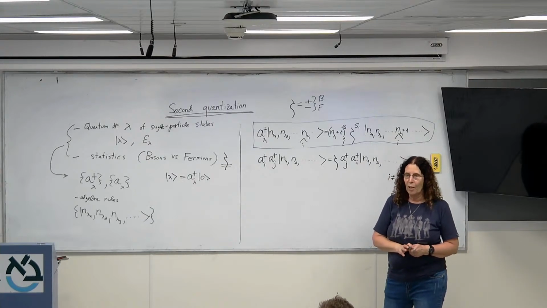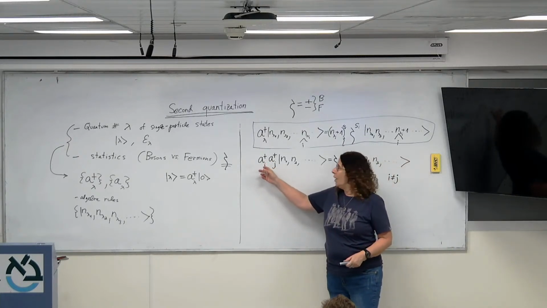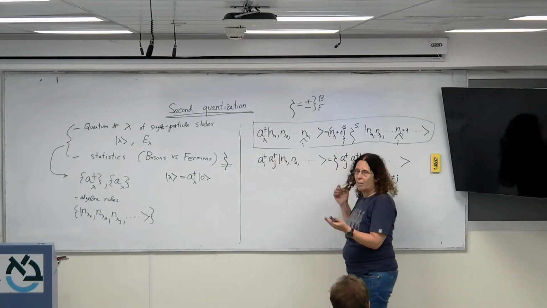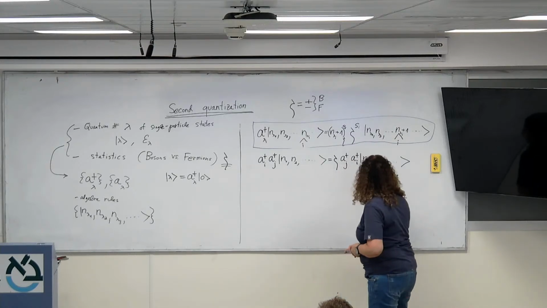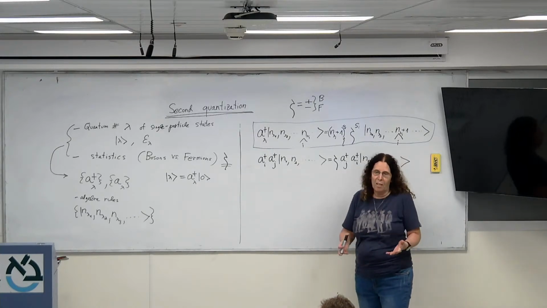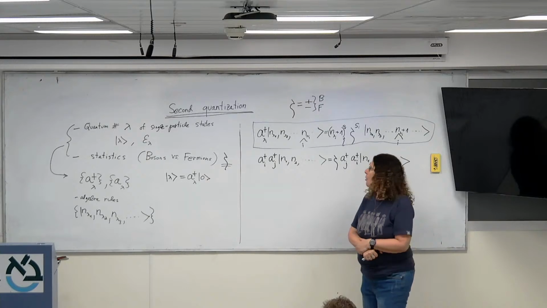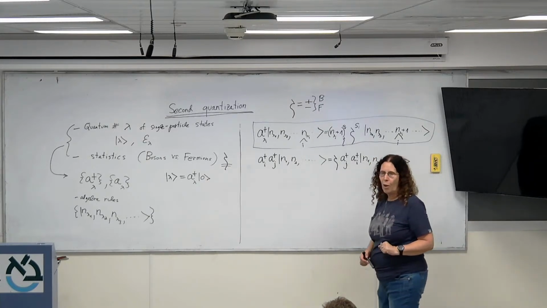If they are bosons, it should do the same, then indeed they are the same and it's trivial. But if they're fermions, it must be 0. It is 0. So what I wrote here is correct for I different from J.